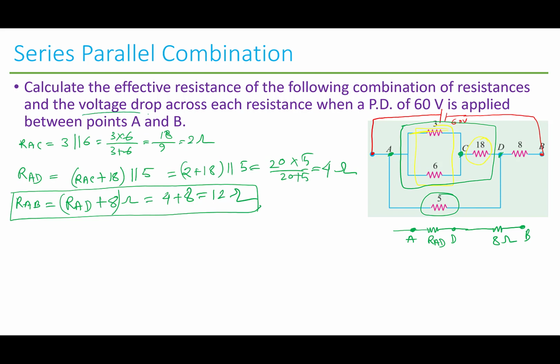Now we have to find out the voltage drop across each resistance when a potential difference of 60 volts is applied. Think that 60 volts is applied here, so the equivalent circuit: from terminal A to terminal B, we can see this 8 ohm here, and we have RAD.